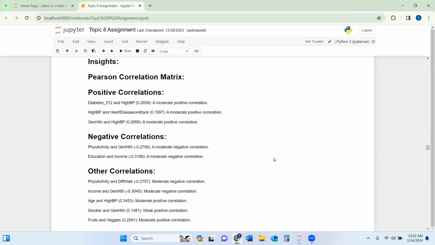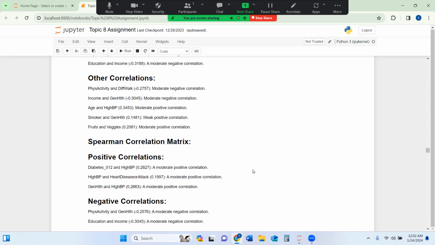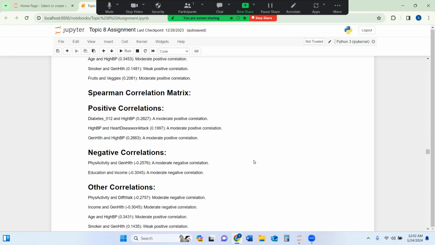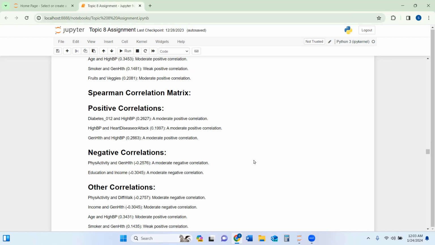Also, the Pearson correlation matrix also showed negative correlation for physical activity and general health, as well as education and income, which were all moderate negative correlation. The Spearman correlation matrix showed moderate positive correlation for diabetes and high blood pressure, as well as for high blood pressure and heart disease or heart attack.